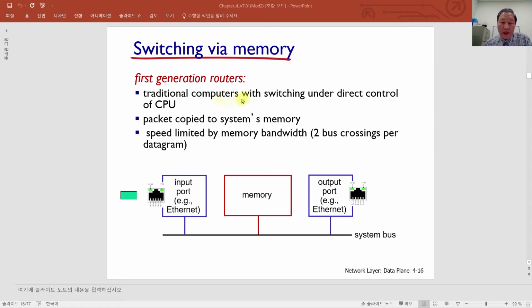These are traditional computers with the switching under direct control of the CPU. The packet is copied to the system's memory. If a packet arrives through this input port, it will be copied here, and another packet will be stored there, and later it will go out through this output port.